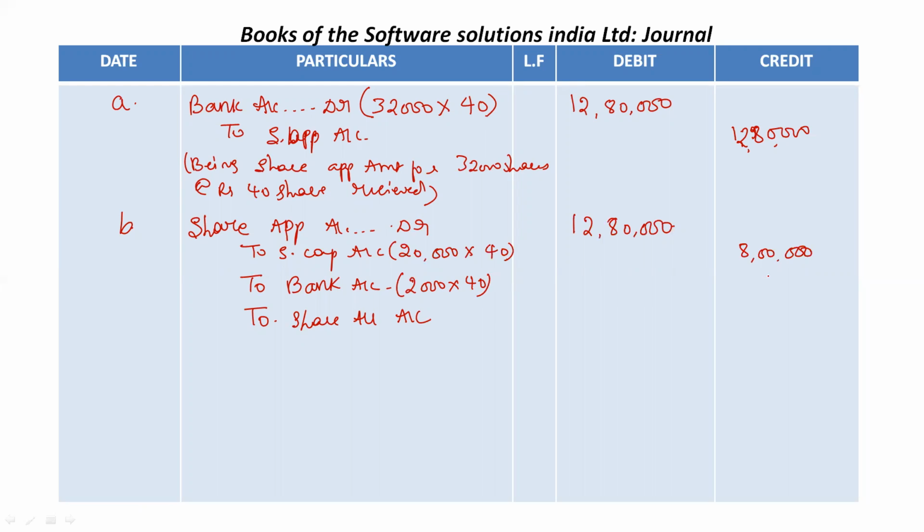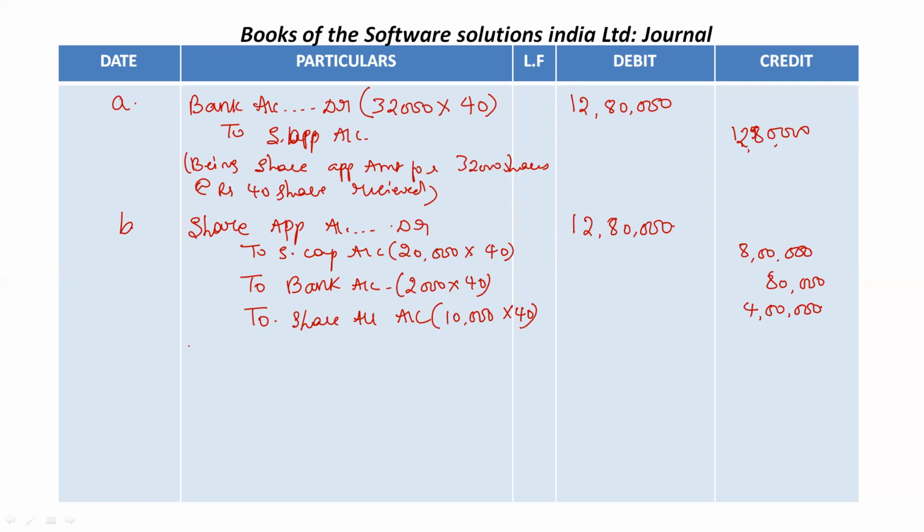So it will be how much? 2,000 into 40 is 80,000 rupees. Now, for 10,000 extra shares that have been accepted, their 40 rupees is excess here, which is adjusted with allotment. So 4 lakh rupees is adjusted during allotment, right? If you check the total of debit and credit here, it will be the same.